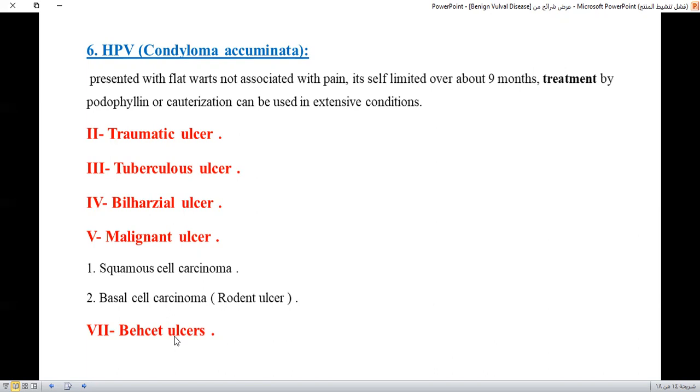Answer with true or false for the following statement. Soft sore, chancroid, is associated with vulval ulcer and tender inguinal lymph node. True.